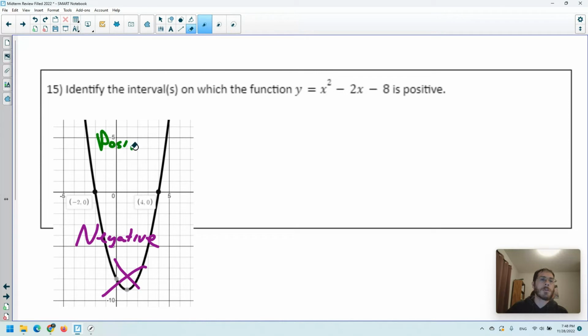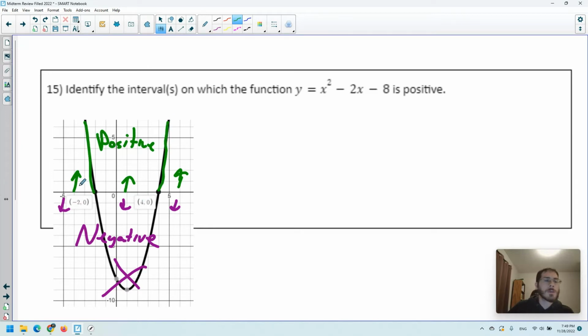Because when we're positive, we're above the x-axis. Negative would be below. We do not want negative. So we are positive on this section, and we're positive on this section.